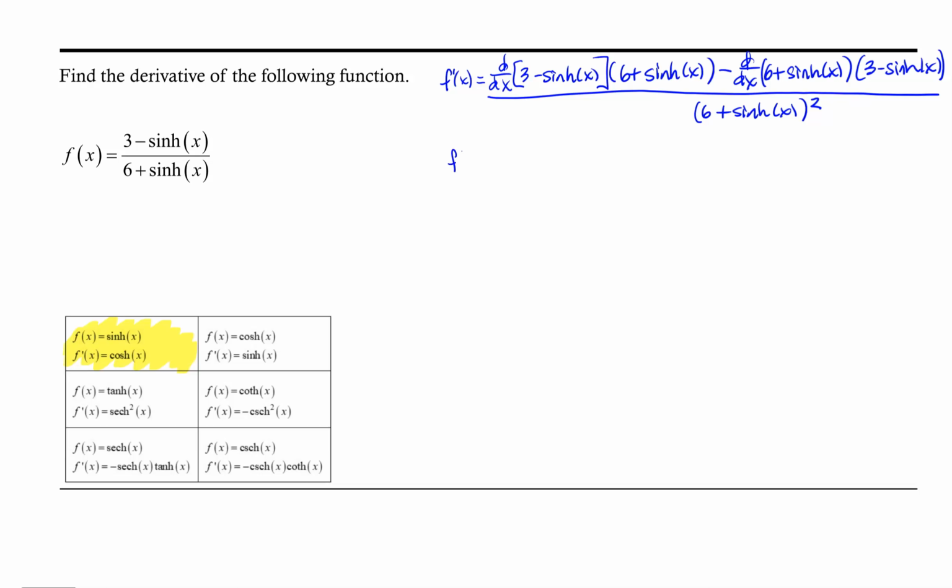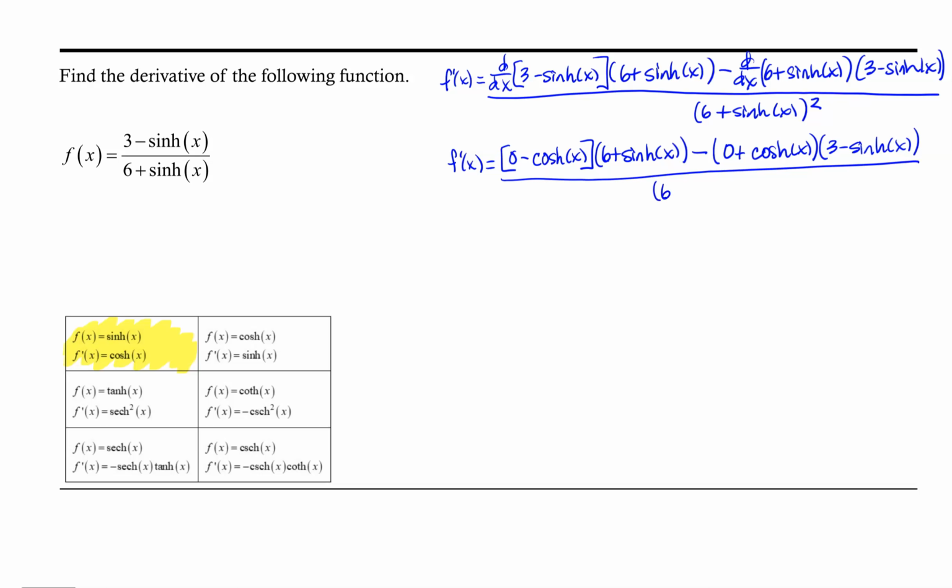So we have f prime of x is equal to the derivative of 3, which is 0, minus the derivative of sinh, which is cosh of x, times 6 plus sinh of x, minus the derivative of 6, which is 0, plus the derivative of sinh of x, which is cosh, times 3 minus sinh of x, all over our denominator squared, or 6 plus sinh of x, quantity squared.